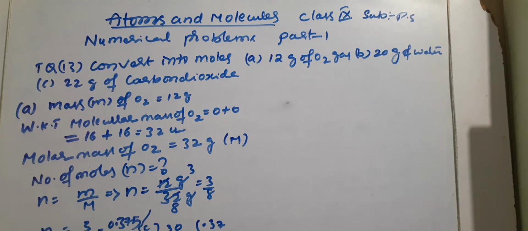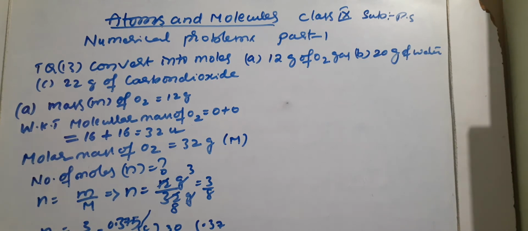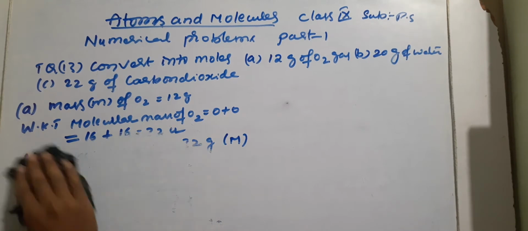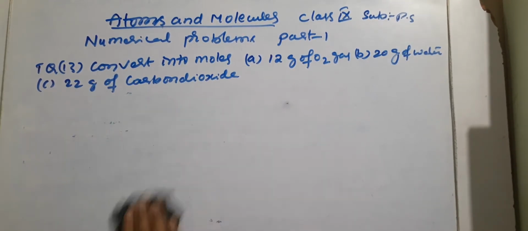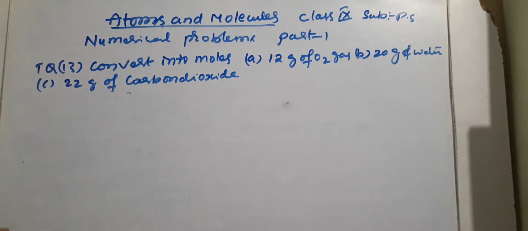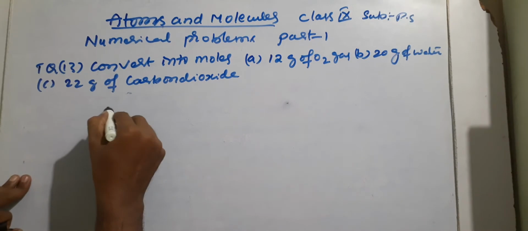To convert the given mass of a substance into moles, just divide the given mass of the substance by the molar mass, students. Now we go to the second one, students. So 12 grams of O2 is calculated. Now, 20 grams of water.